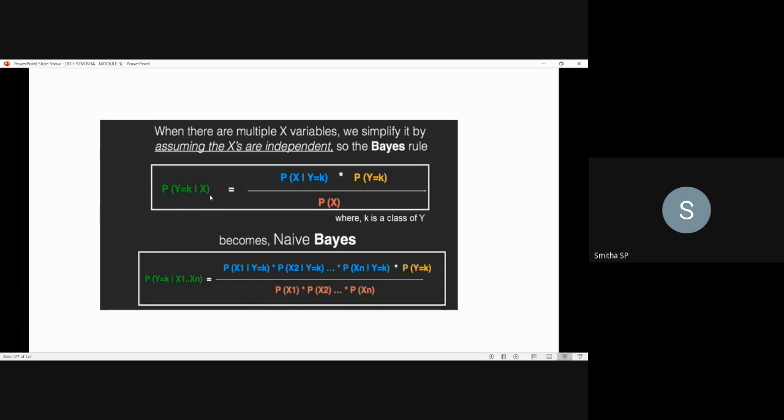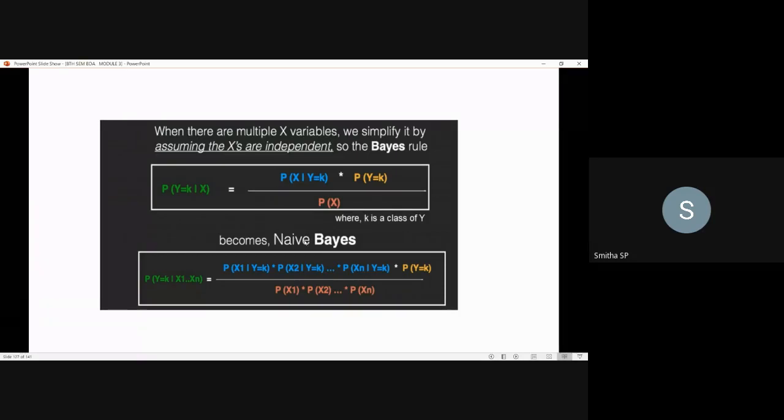We call k a class of y, and y is a variable. When we take this Bayes rule and make these x variables independent, we can obtain naive Bayes, because naive Bayes is based on the assumption that the x variables are independent.